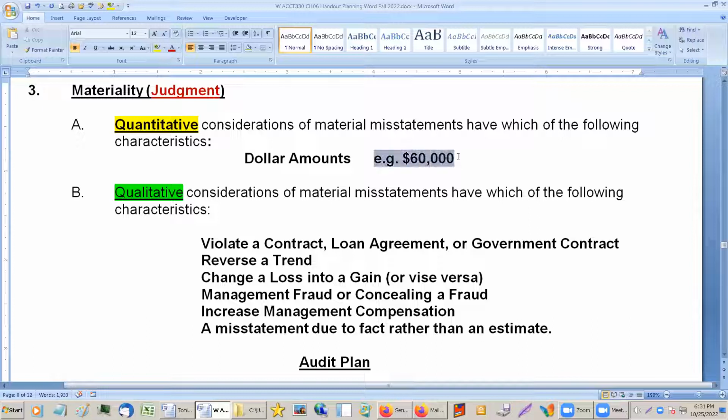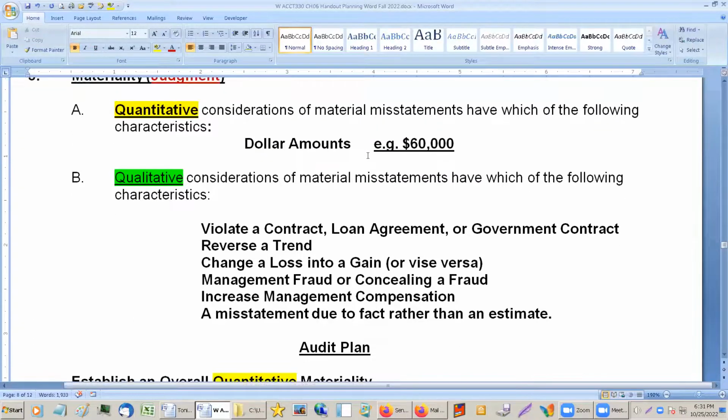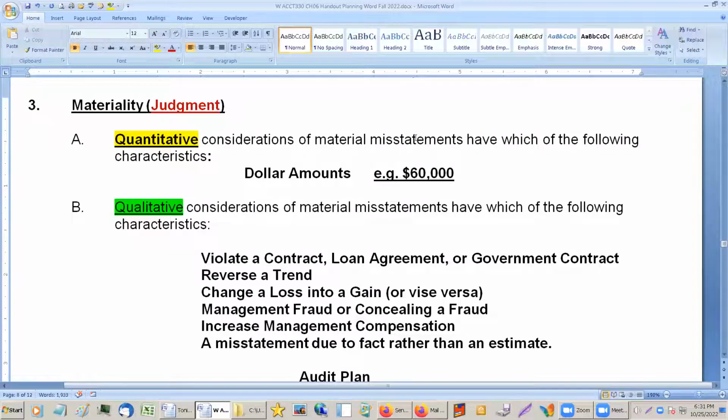So a dollar amount, maybe it's $60,000, maybe $60 million for a different company. So quantitative are the dollar amounts. How many dollars would it take for this to be misstated before you get worried about it?